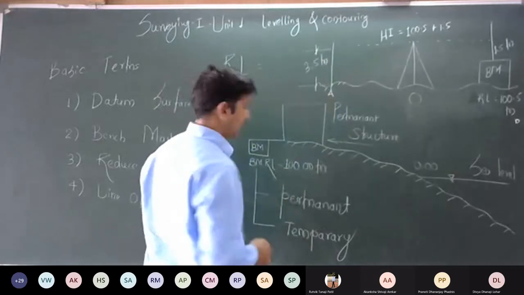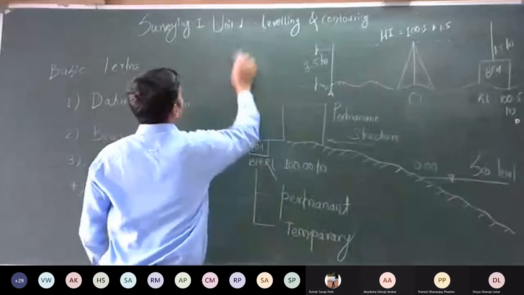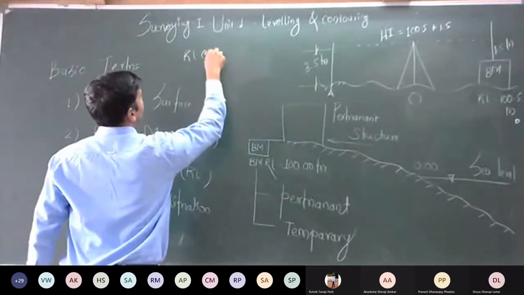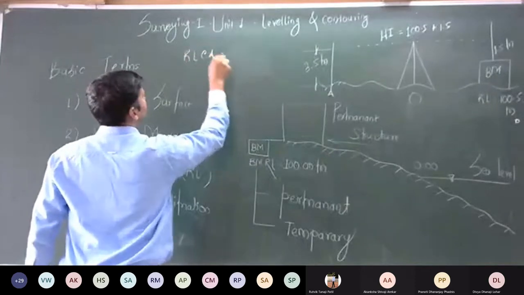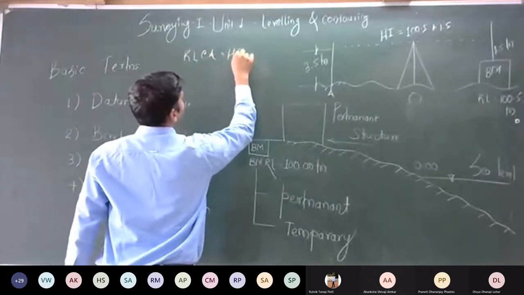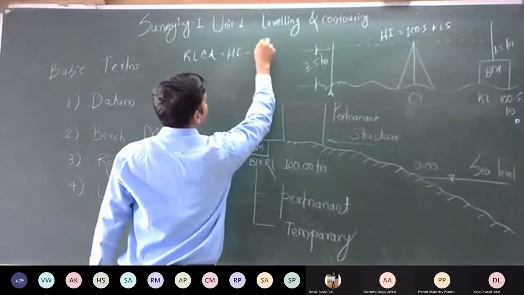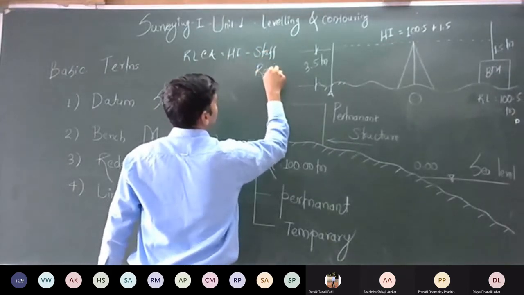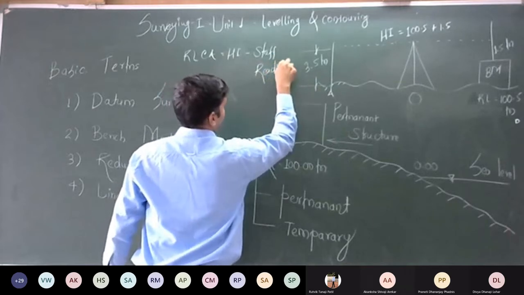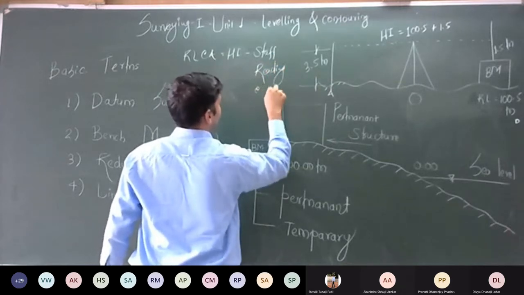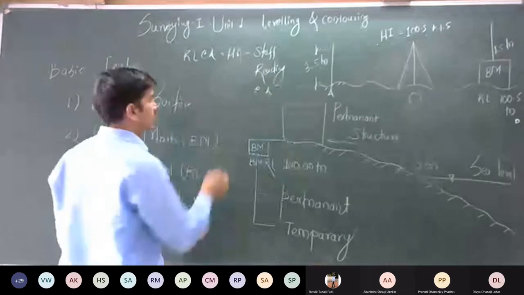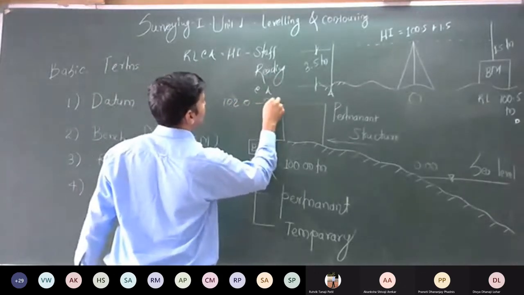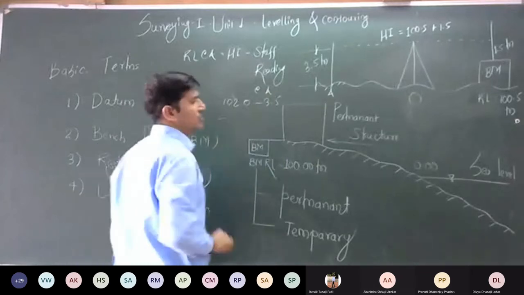As per the calculation, RL of point A will be equal to height of instrument minus staff reading at A. So height of instrument is 102.0 minus 3.5. What is the answer?